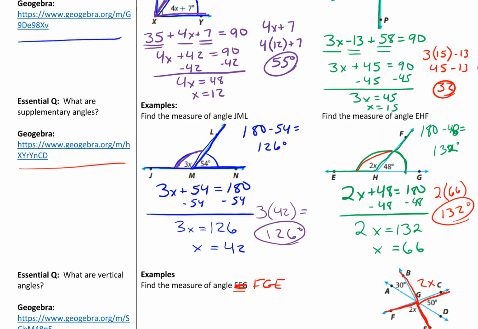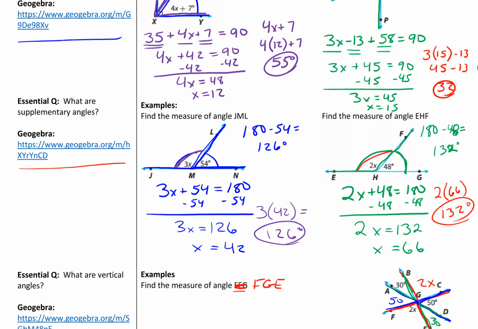If CGD is 50, that means AGF is also 50. And if BGA is 30, that means DGE is also 30.